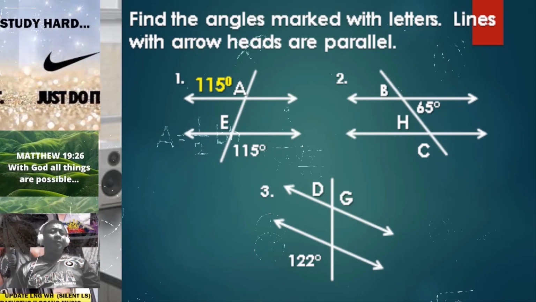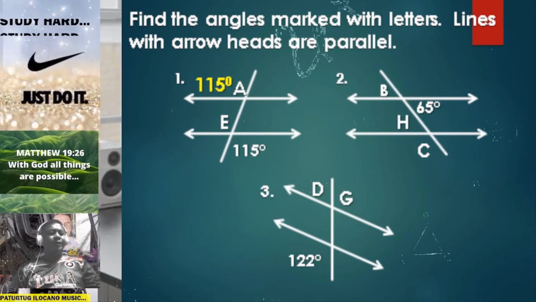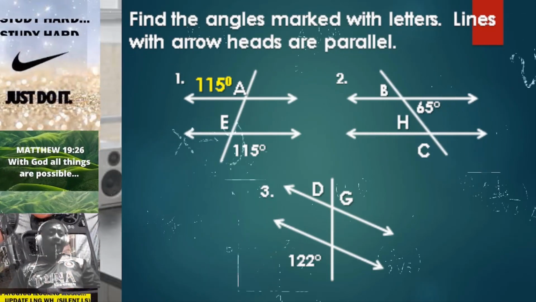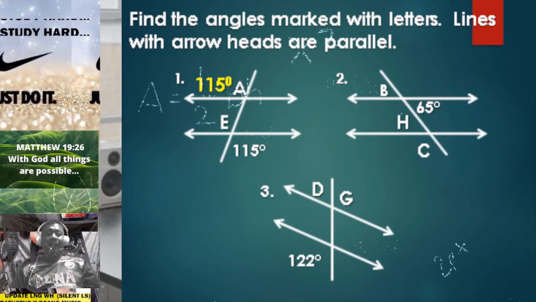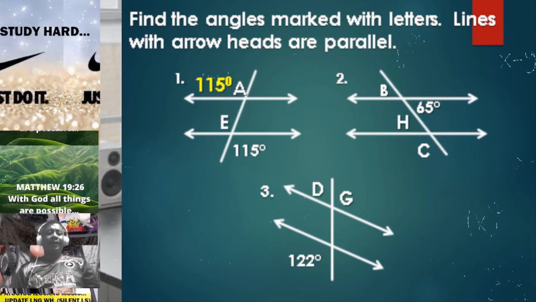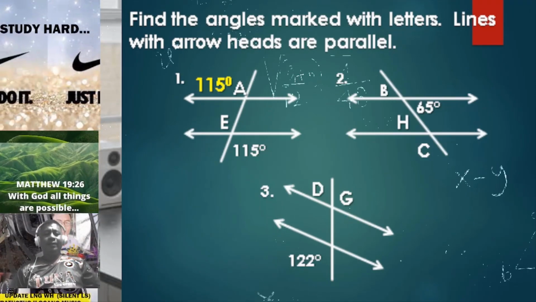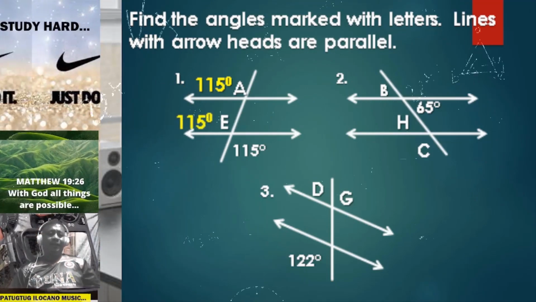To determine the measure of angle E, we have to consider the relationship between 115 degrees and angle E. Take note, they are vertical angles. So therefore, angle E is also equal to 115 degrees.